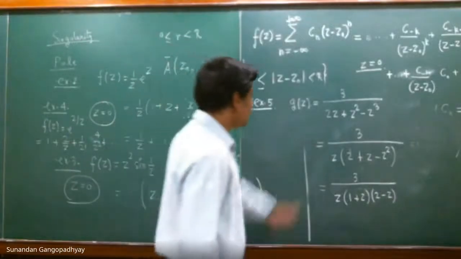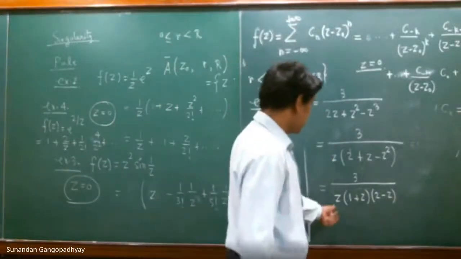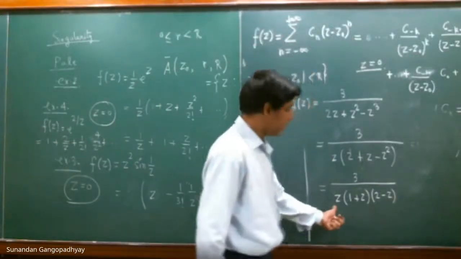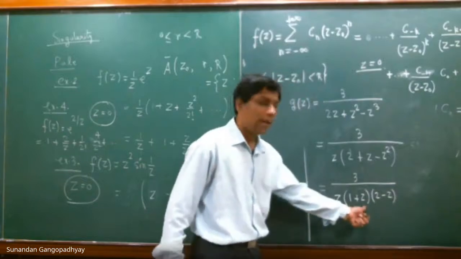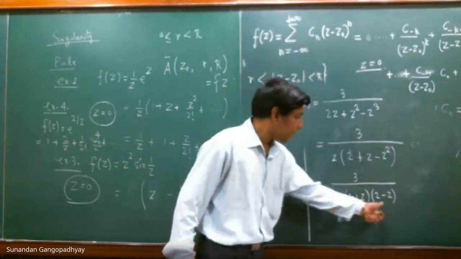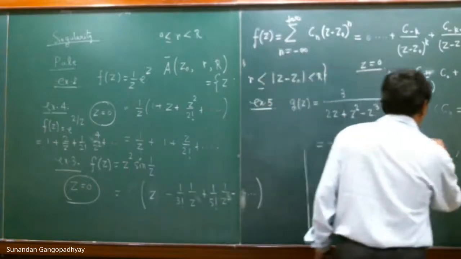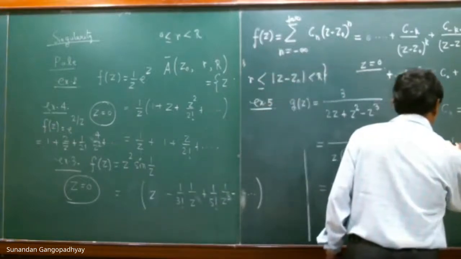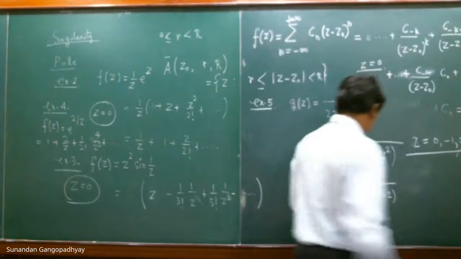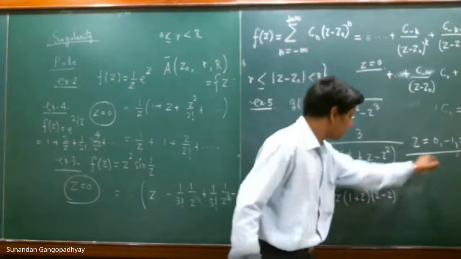So what is the pole structure of this function? It is very simple. There is a pole at z is equal to 0, a pole at z is equal to -1, and a pole at z is equal to 2. So z is equal to 0, -1, and 2. And what is the order of these poles?